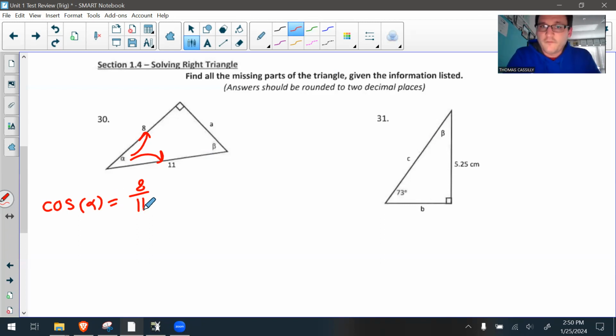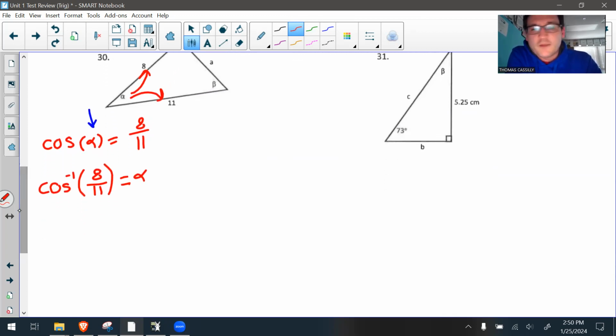Notice how we are looking for that angle. Whenever you are trying to find an angle, when we're using this trigonometry, we want to take the inverse. So we're going to say the inverse cosine of 8/11ths is going to be equal to alpha. Now you type that into your calculator.